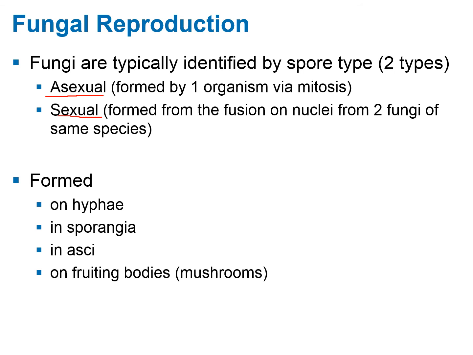So you have two hypha from two different fungi. One hypha penetrates the other hypha and donates a nucleus to that hypha. The nuclei from both fungi fuse together, mix, and then you get meiosis, which partitions out the chromosomes again. Okay, and then that makes a sexual spore.